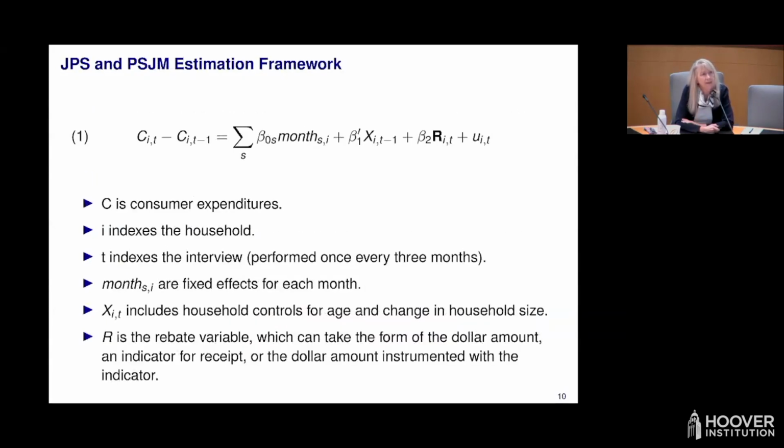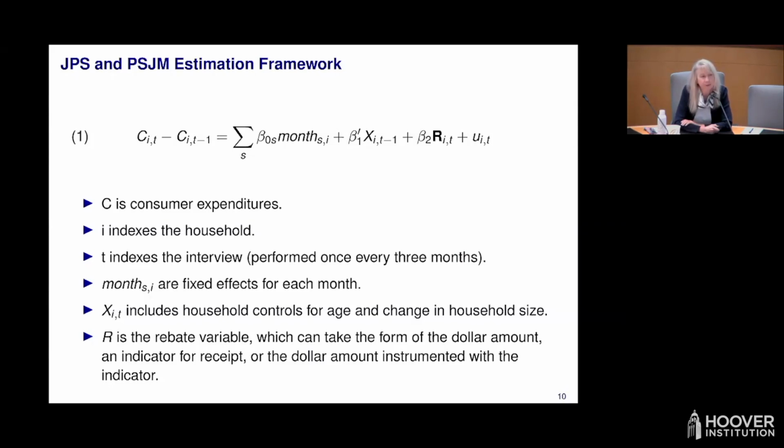Their estimating framework is straight out of the traditional permanent income life cycle test, where people take a change in consumer expenditure, at the household level i, and they have month fixed effects for each month. They have some control variables such as age and change of household size.